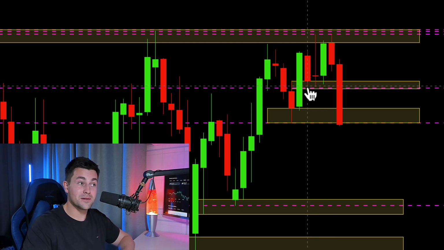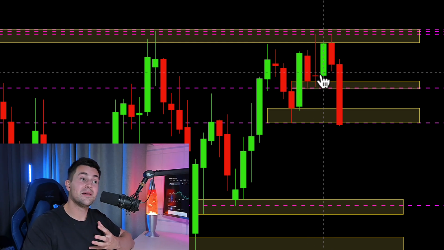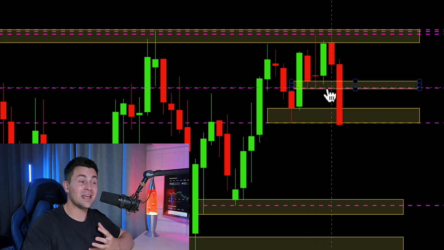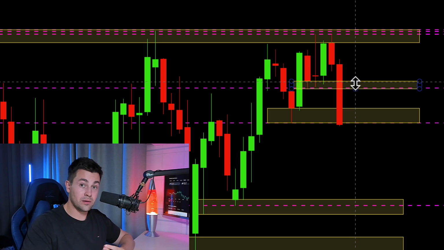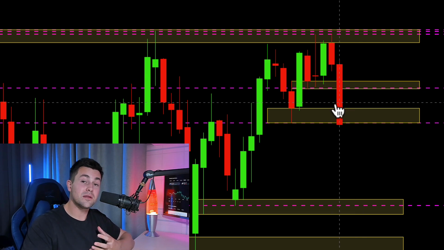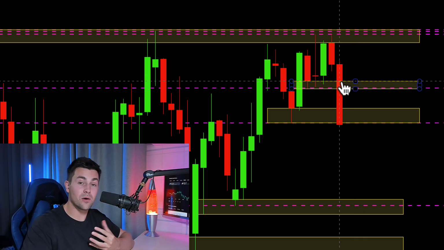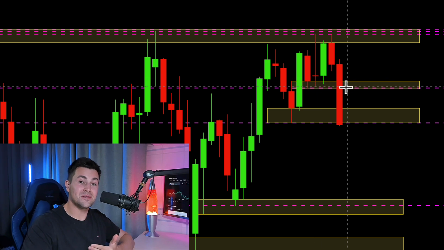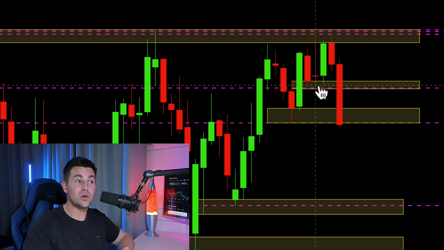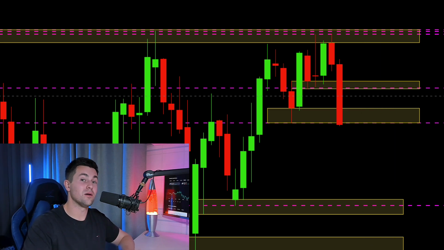Because in the recent past, it was a strong support, and the market respected that as the support, and it turned into resistance after the breakout. The breakout made that zone the resistance. For that reason, we draw that based on the rules of the support area.